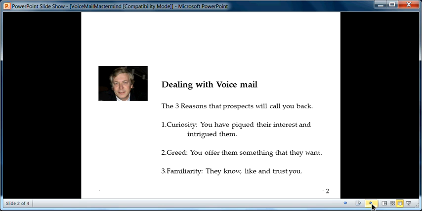That's a popular one, and it's very effective, actually, when it's used correctly. You offer them something they want. You offer them something for nothing that they value, that may not have much value to you, but has value to them. Therefore, they'll call you back. As you know, I've quoted in the past the timeshare industry. Those guys are masters at it.